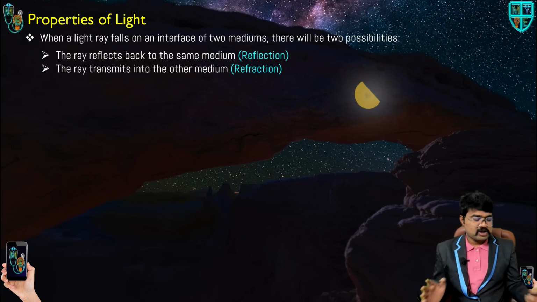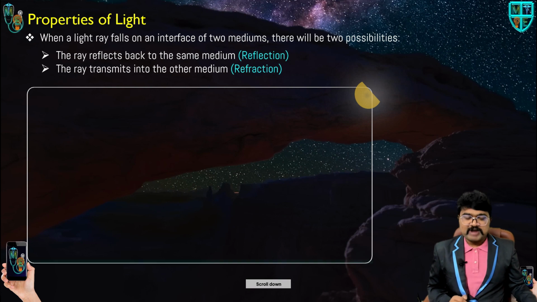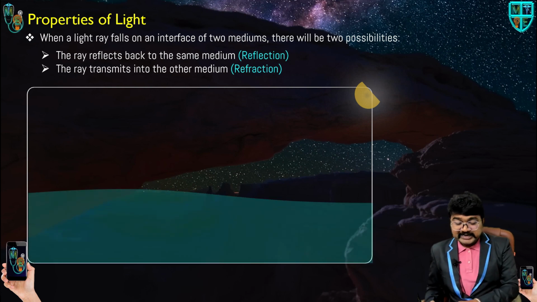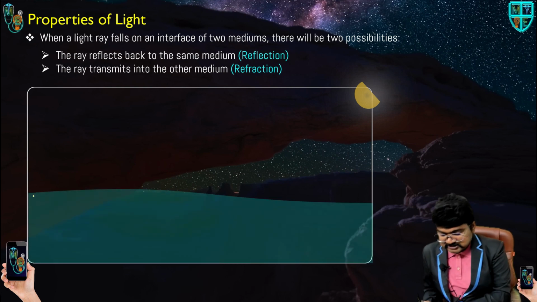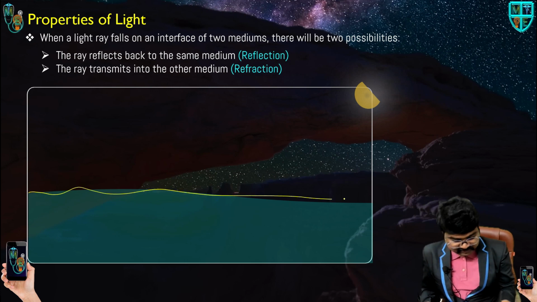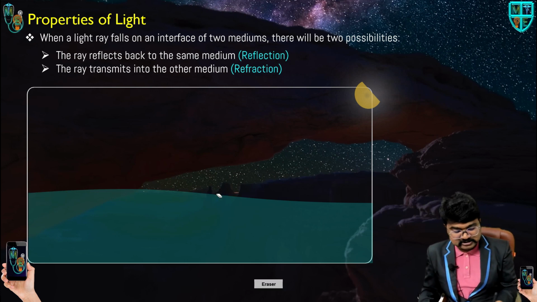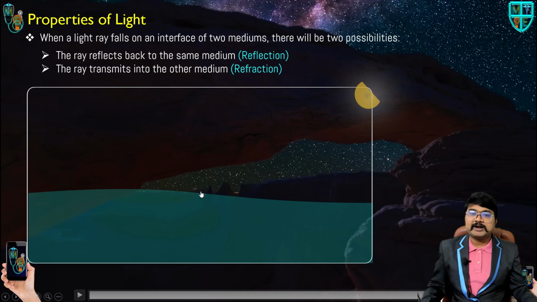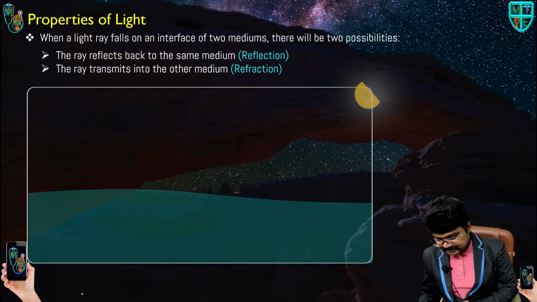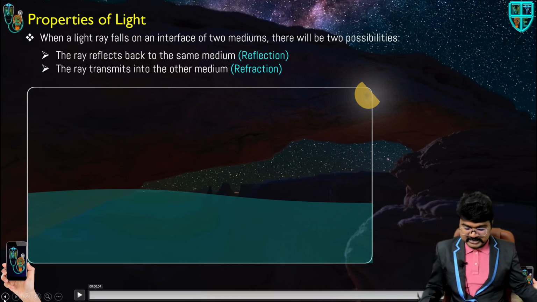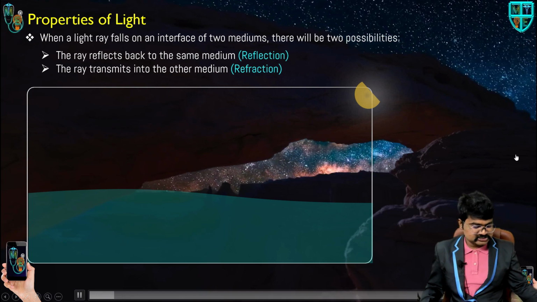This is the source of light, and this is the interface of two mediums. Here medium 1 and medium 2. Just observe.